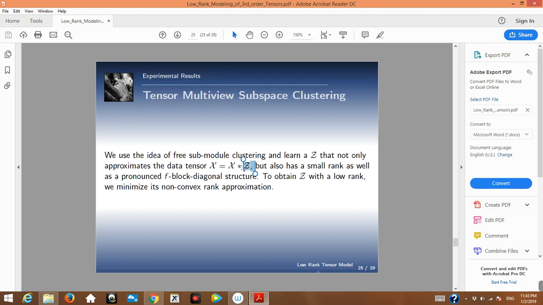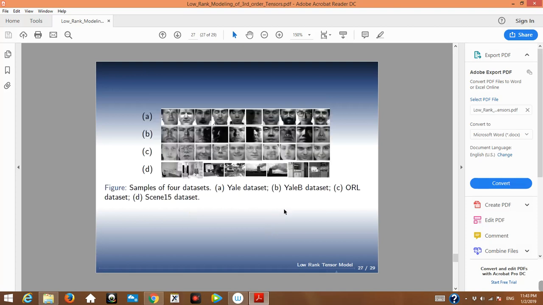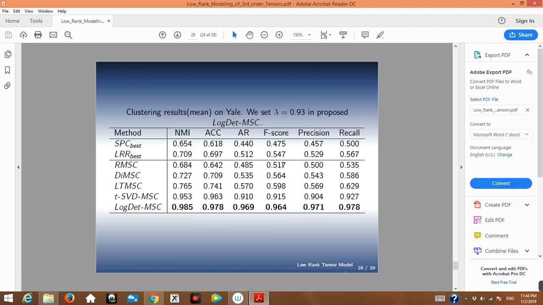So if we have tensor data, and we solve and obtain the self-expressive tensor Z, then we can use it to compute the graph Laplacian, and then we do the multi-view clustering. On this data set, you can see our results are very good.